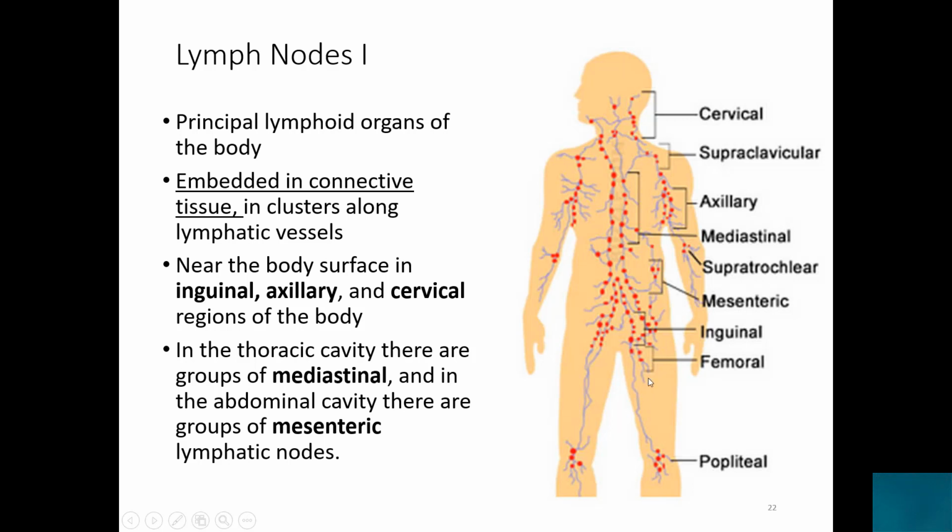Inguinal are the main regions of lymphatic nodes that collect lymph from the leg and clean it, and the axillary region collects and cleans the lymph from the arms, cervical lymphatic nodes from the head and neck. Then we have mediastinal nodes that clean thoracic cavity lymph, and mesenteric nodes for the abdominal cavity, lots of lymphatic nodes.